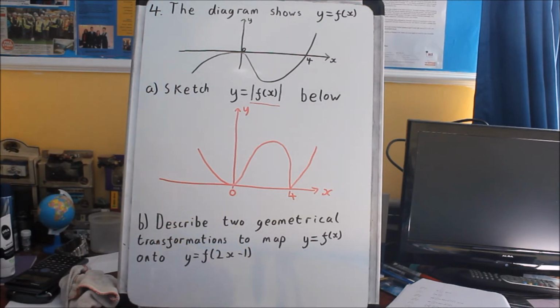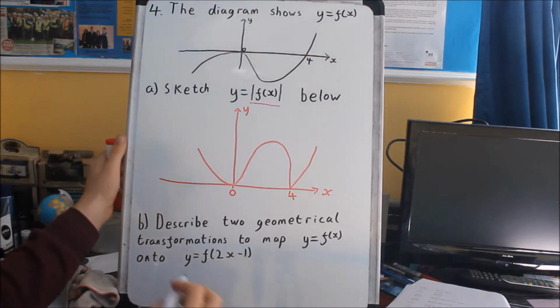Part B, describe 2 geometrical transformations to map y equals f of x onto y equals f of 2x minus 1. So we know that there's a translation and a stretch there, hopefully, because of this x minus 1, there's a translation, and because of the 2 in front of the x, there is a stretch. So there were 2 answers available here.